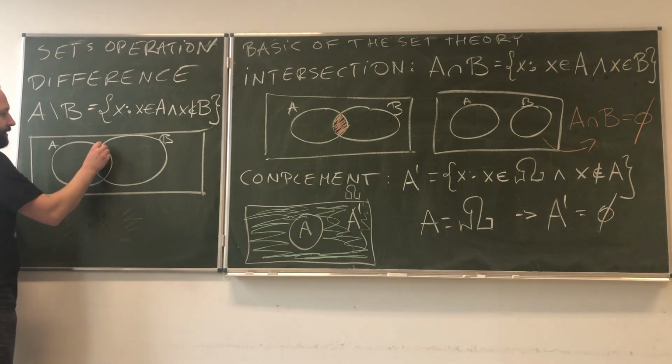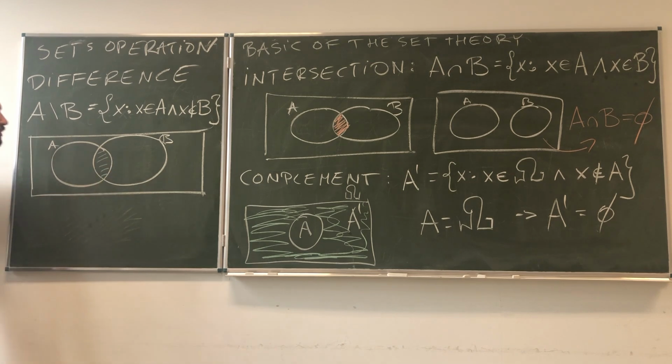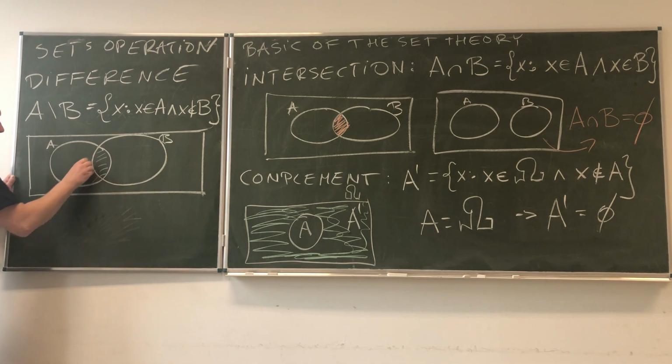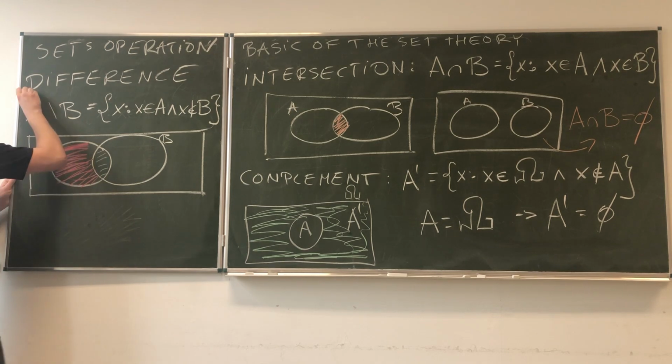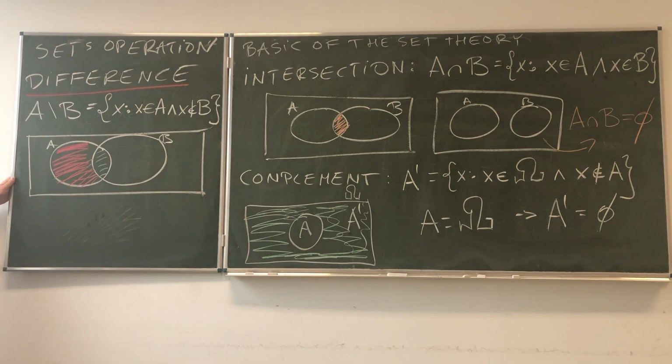Look, here you see that we've got this common part, right? So this is the common part that we need to take out of A, and the thing that interests us is what we will have over here. This is our difference.